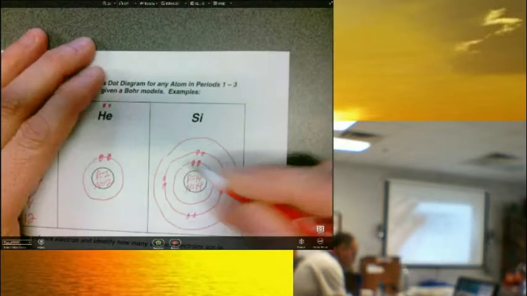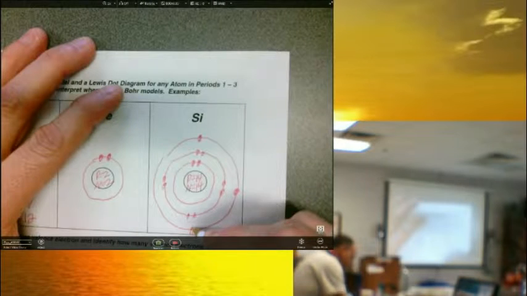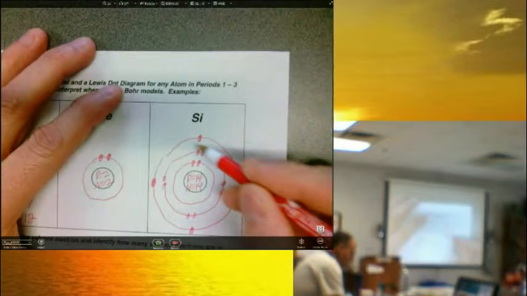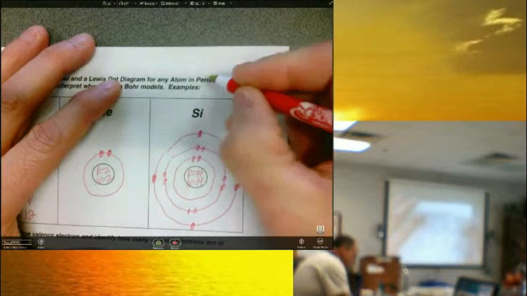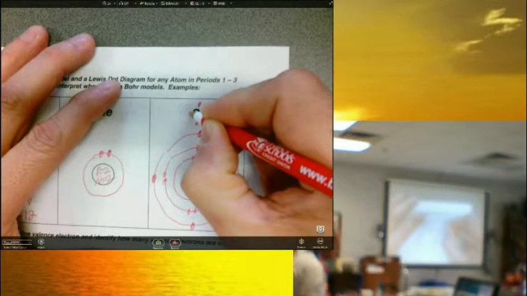We needed 14, so we need 4 more. 1, 2, 3, 4. There are 4 valence electrons. That tells us on the Lewis dot diagram we have to have 4 electrons. And that's how to draw those.